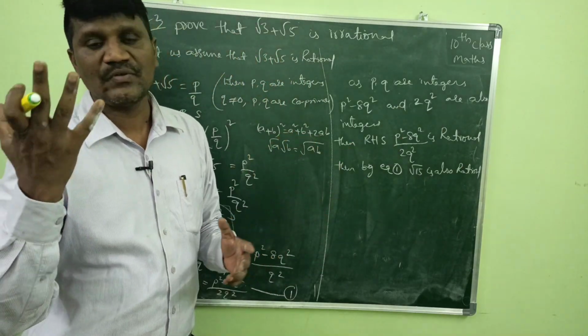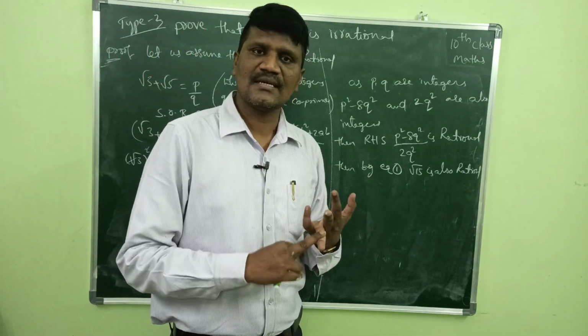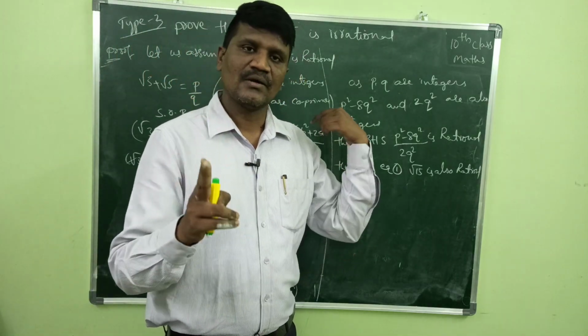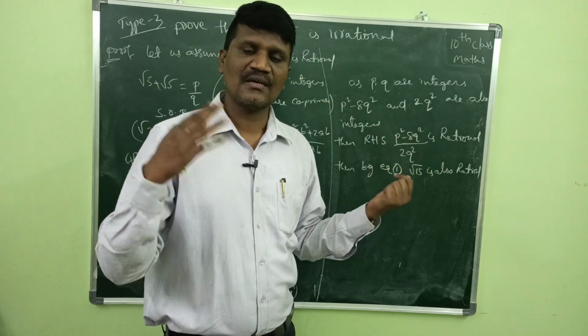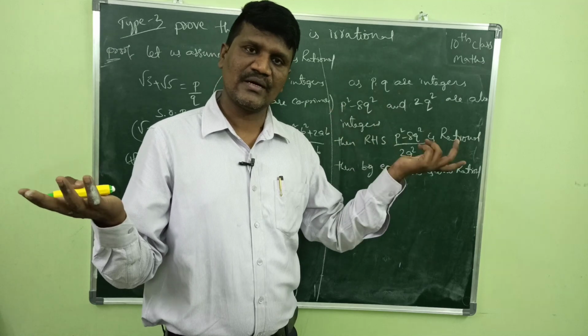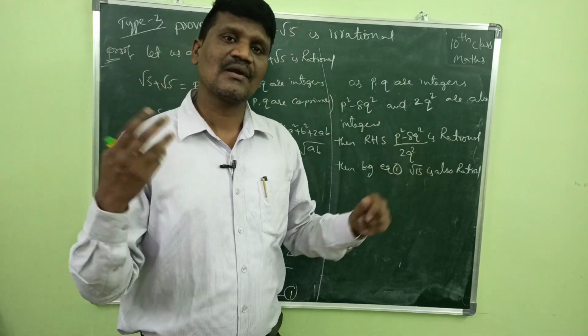But we know that root 15 is irrational, right? Because root 2 is irrational, root 3 is irrational, root 4 is rational, root 5, root 6, root 7, root 8 are irrational, root 9 rational. Root 10, root 11, root 12, root 13, root 14, root 15 is irrational, root 16 is rational.